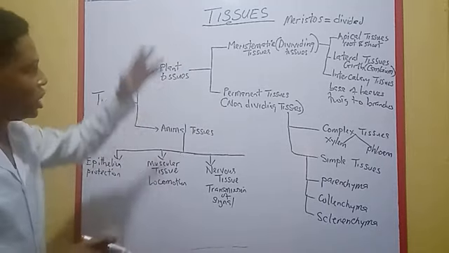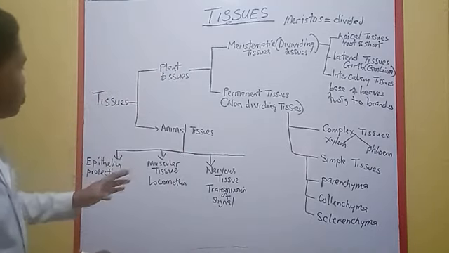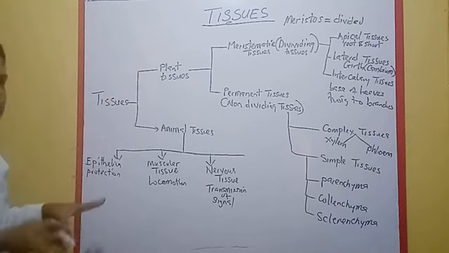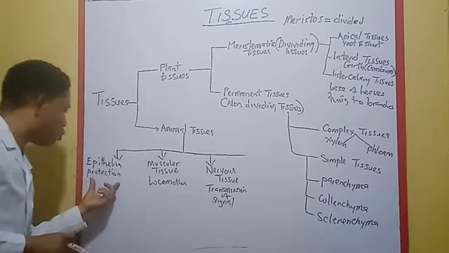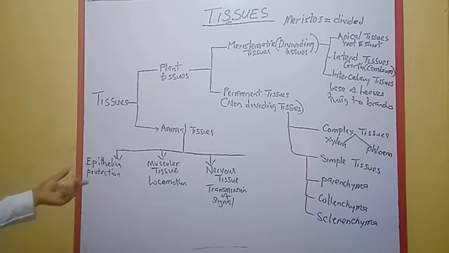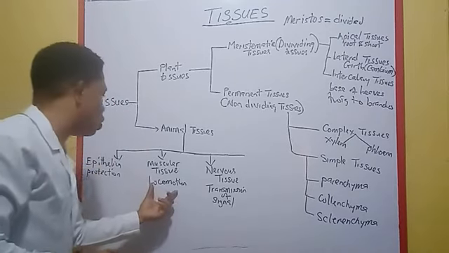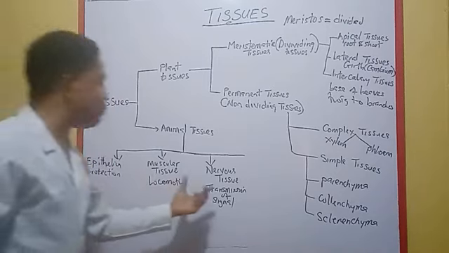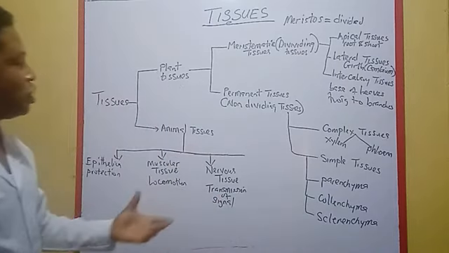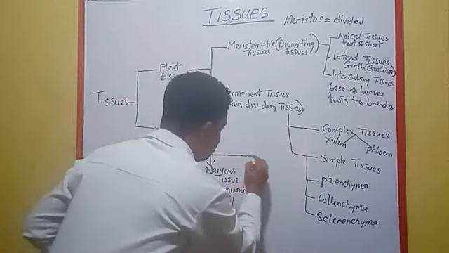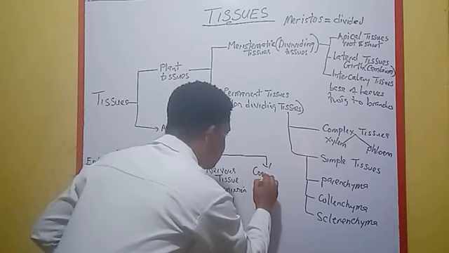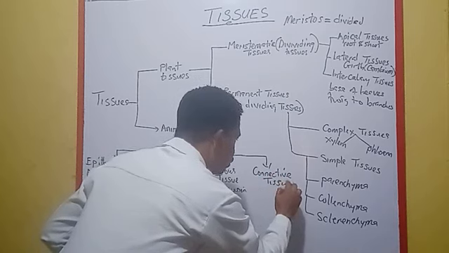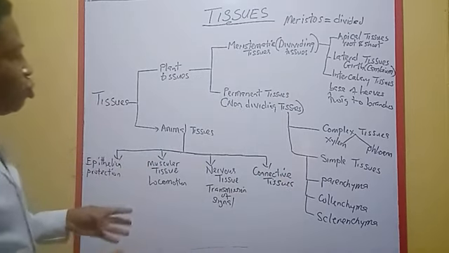This video is about the general view of all tissues. The muscular tissues are for locomotion or movement, the nervous tissue is for the transmission of signals, and then we also have the connective tissue, which connects one tissue to another.